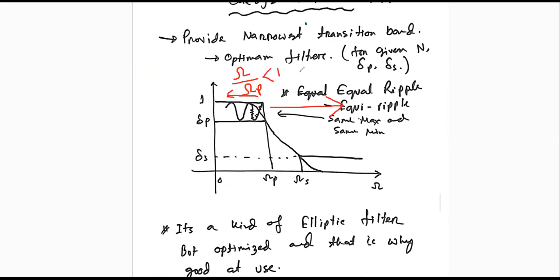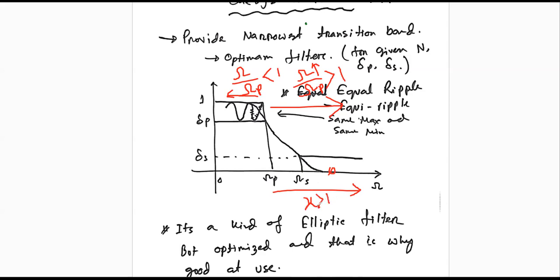For this one, omega means this axis, whatever the frequency. Let's say I am at this point. What is the value of omega? Omega must be greater than omega p. So omega is higher, so this is also higher than 1. So after omega p, everywhere x is greater than 1.